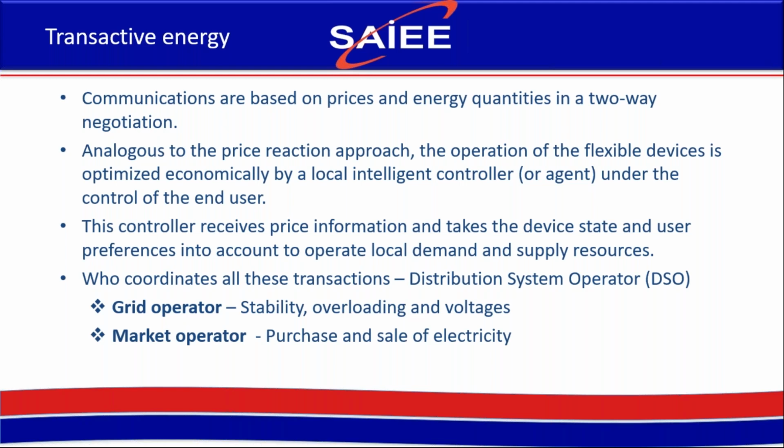So the price reaction approach also works on flexible devices that can use some intelligent controller, especially if you've got an HVAC system at home, so it must have some intelligent controller that will be able to transact with other equipment or with other buildings.